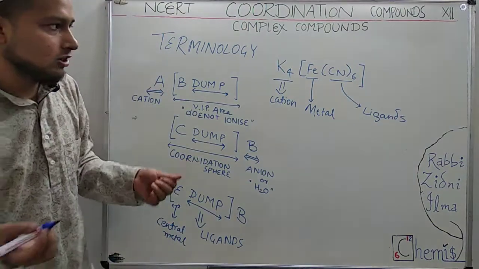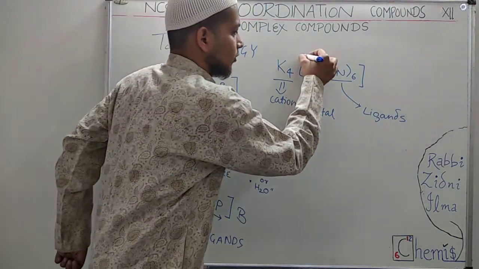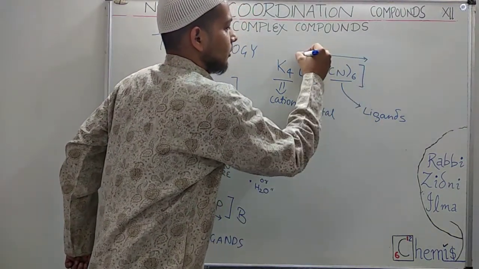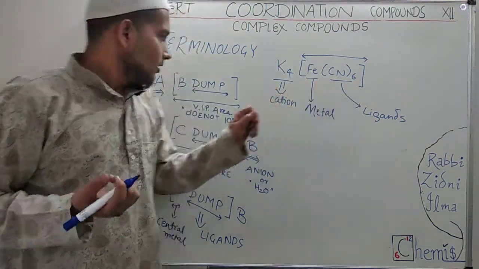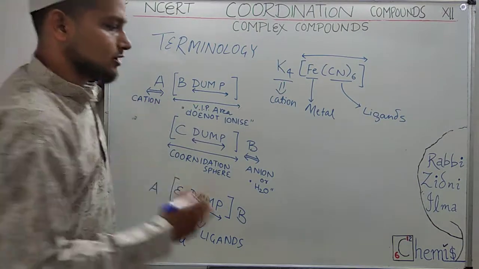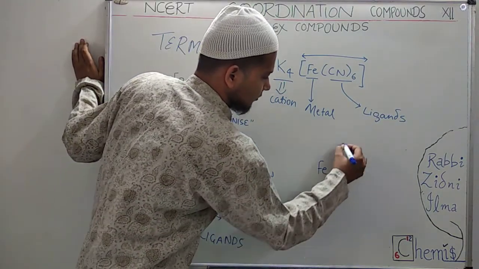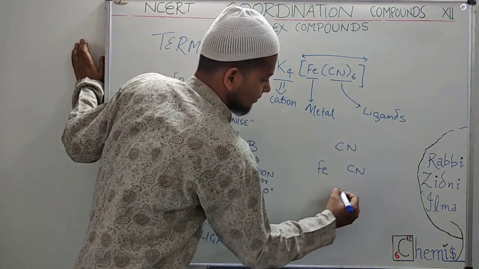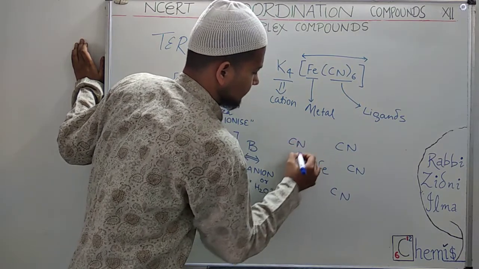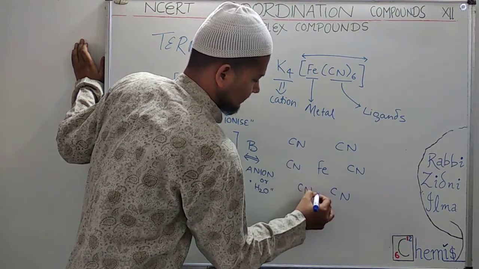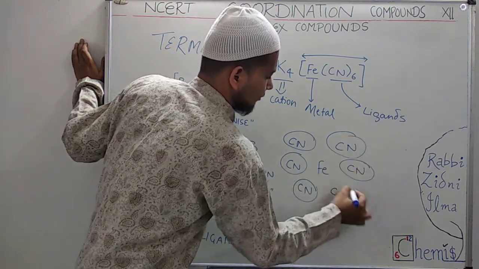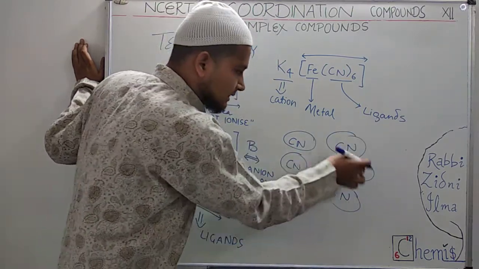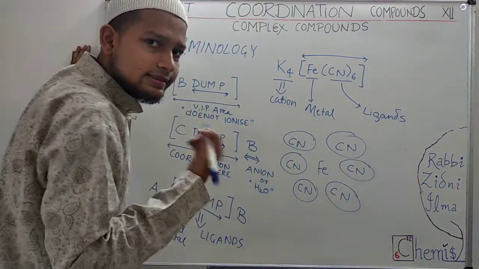The coordination sphere starts from here to here. So the coordination sphere contains 6 CN and 1 Fe. It looks like this: Fe with a CN, CN, CN, CN, CN, and CN.